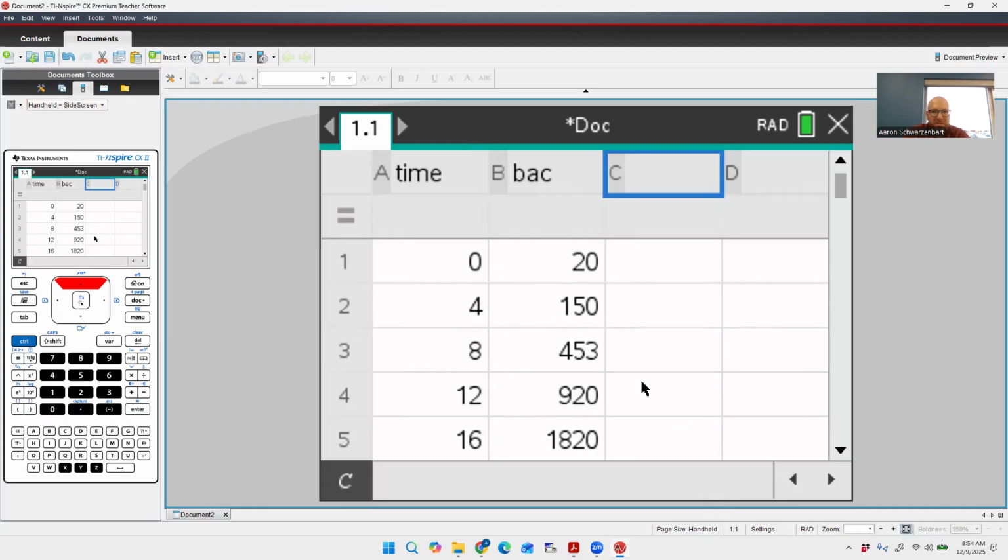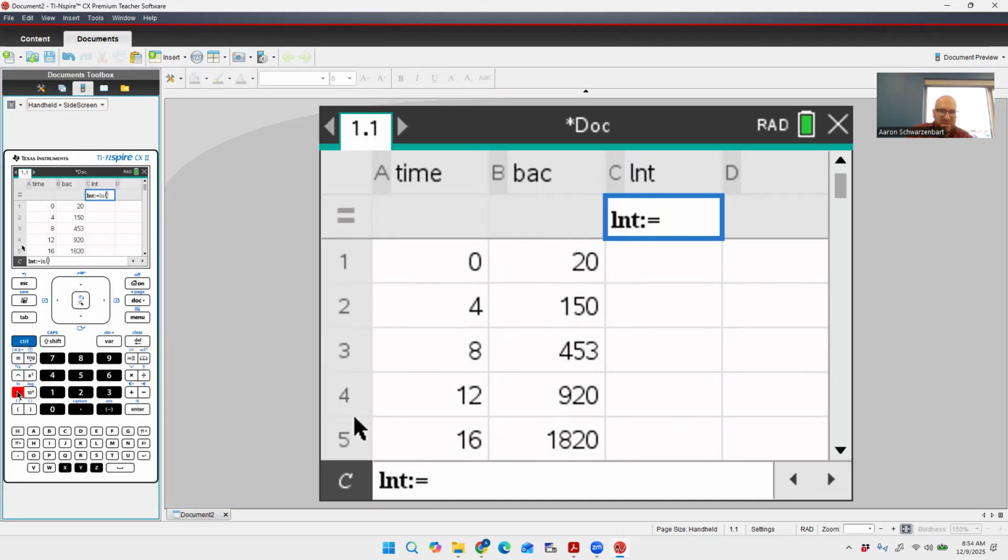What I'm going to do here is take the log of both axes. I don't really have to hit the equals, it would just show up.